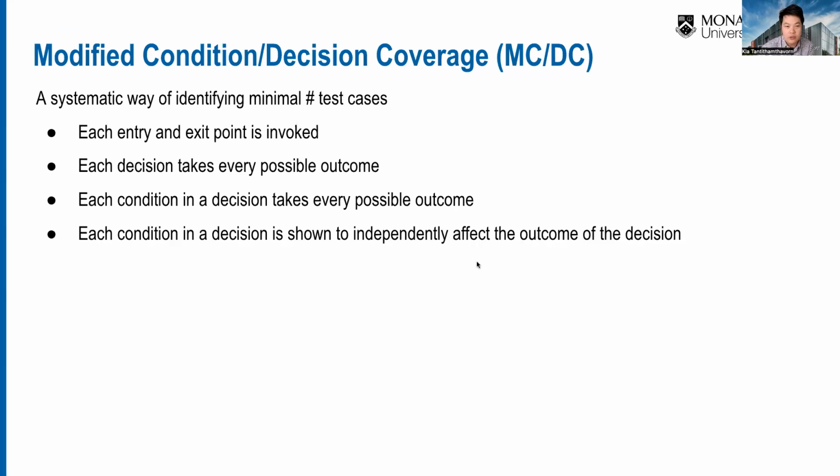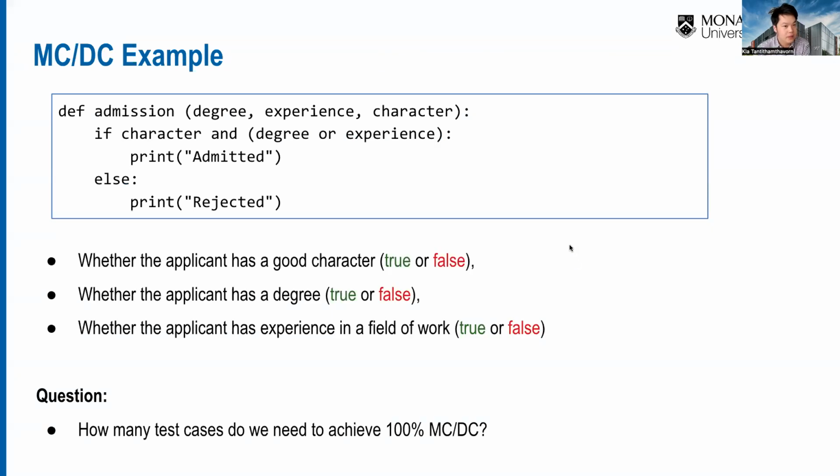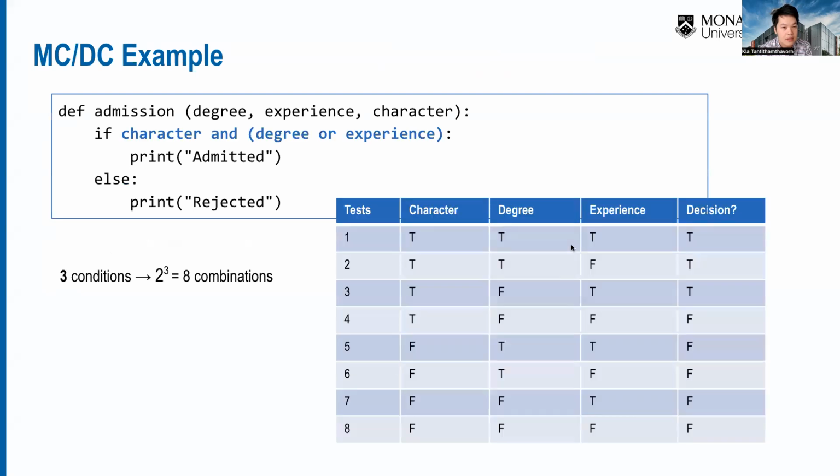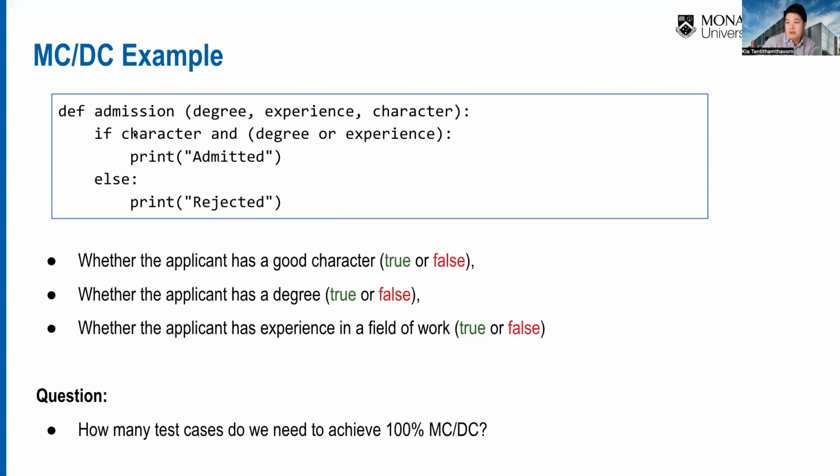I think I should go to the example. Let's say this is the same example. This is an admission method, and we only allow a student to be admitted if they have high degrees, and either it should be character and degree, or experience.